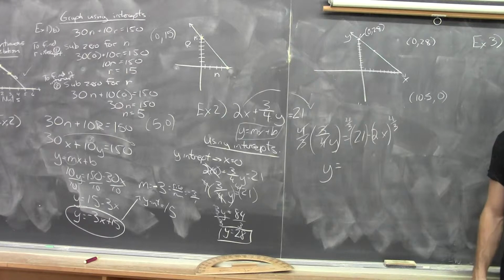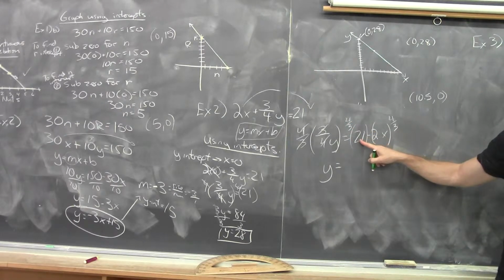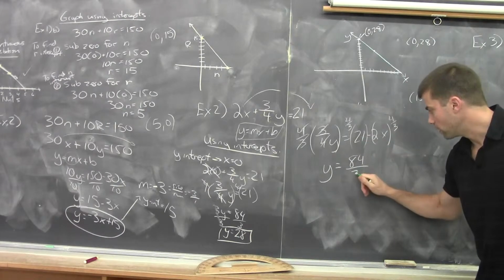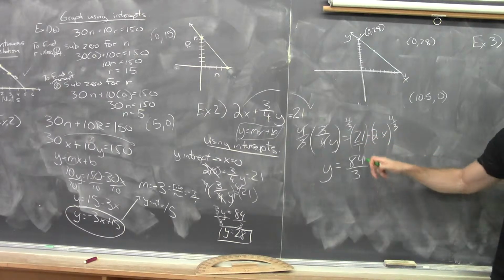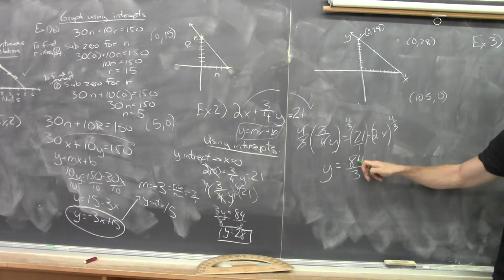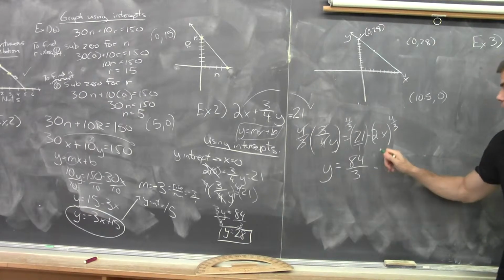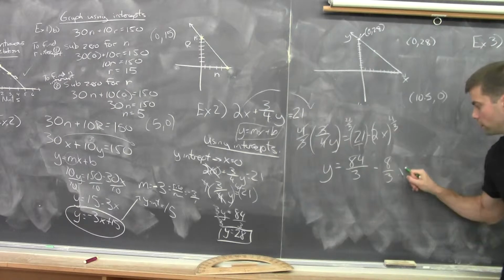Is everyone confused with that? Okay, so y equals 4 times 21 is 84, still divided by 3. Remember, a fraction times a whole number, it's 21 over 1. So multiplying the numerators is 84, multiplying the denominators is 3. Same thing over here. So negative 2 times 4 is 8 over 3x.